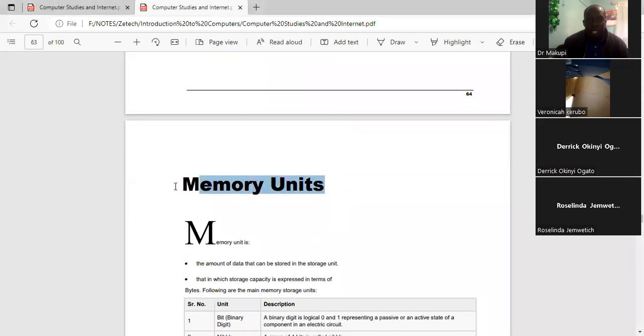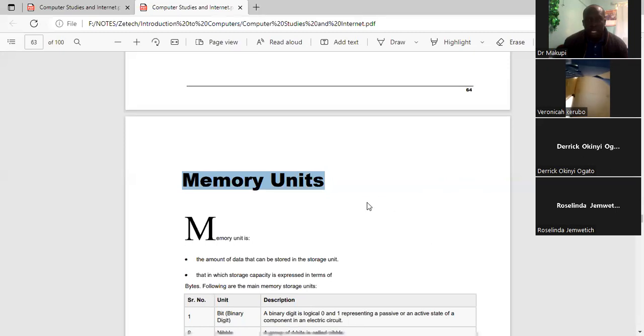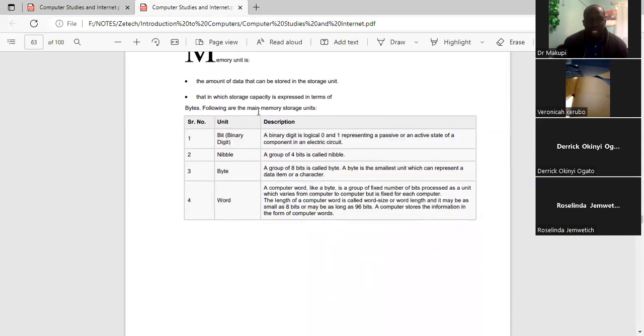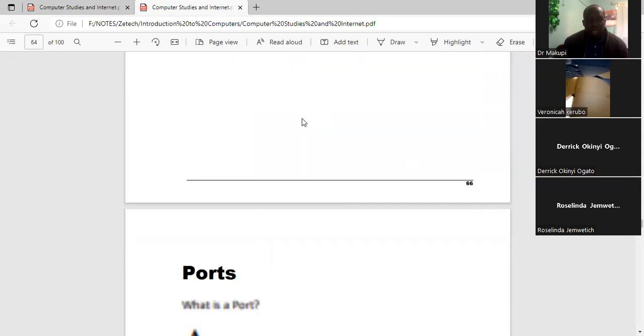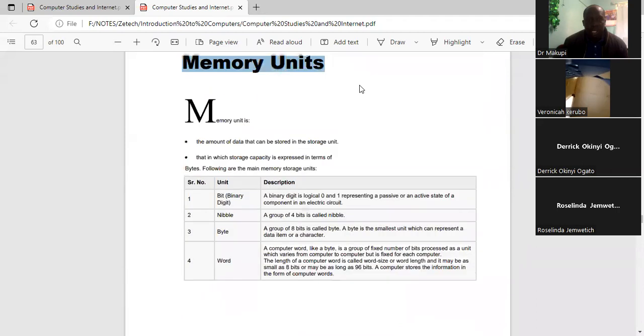So I want us to get into this memory unit. It's an extension of what we covered in memories, but it's just good to appreciate the memory unit so that we can continue. The amount of data that can be stored in a storage unit is what we refer to as the memory unit. That is what dictates the storage capacity of a memory device, such as a flash disk, memory cards, and the others.